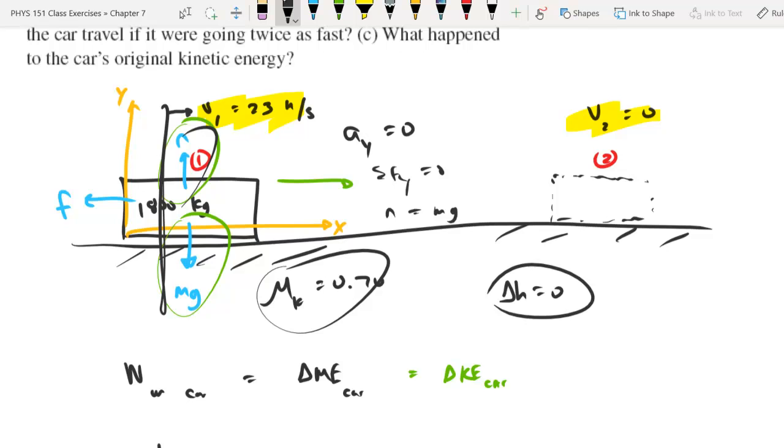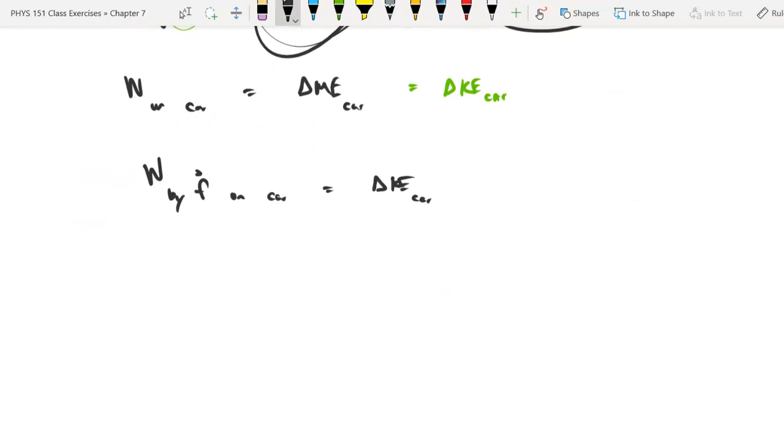Frictional force is the coefficient of friction times the normal force, right? So we get the magnitude of the frictional force is equal to the coefficient of kinetic friction times the weight, mu k mg.